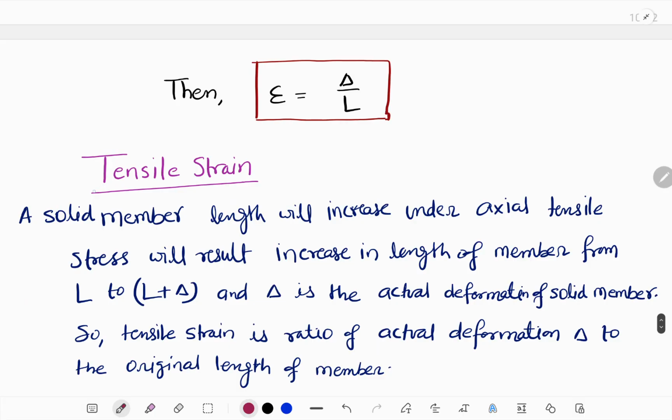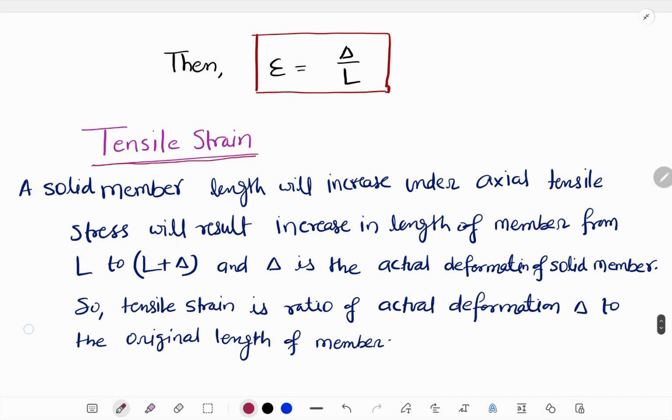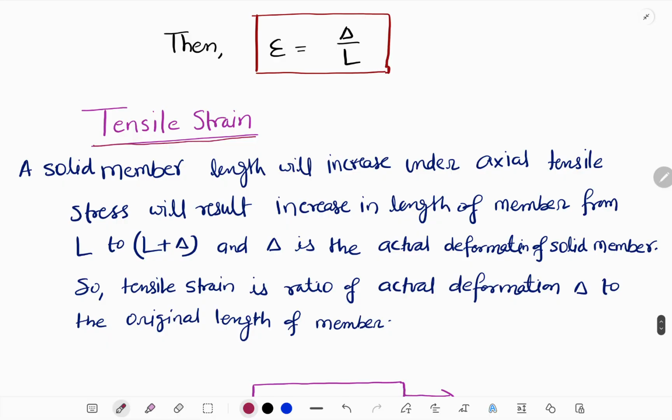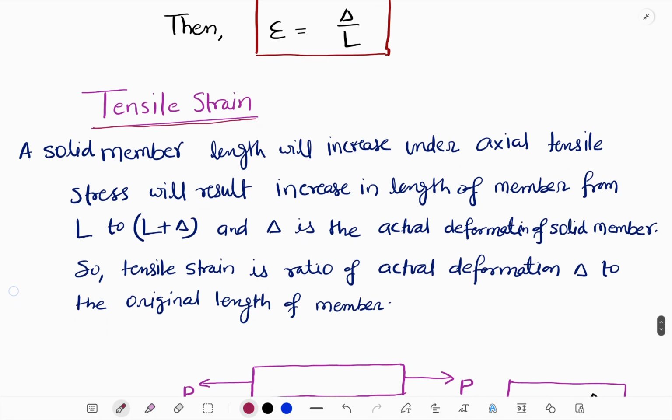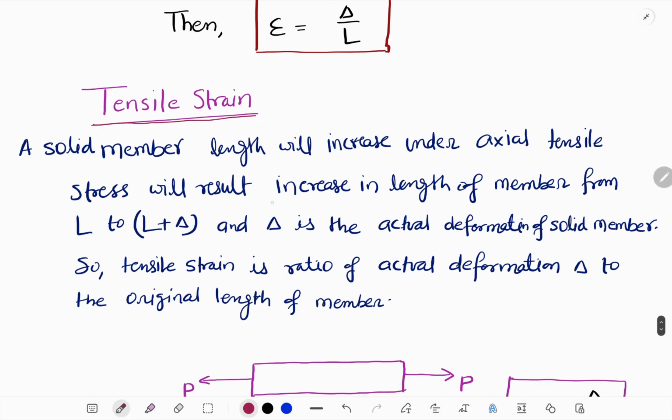Next we will move to tensile strain. What is the tensile strain? Consider a solid member whose length will increase under axial tensile stress. Tensile stress is due to loading, because due to loading a stress is produced, and that stress results in an increase in length.